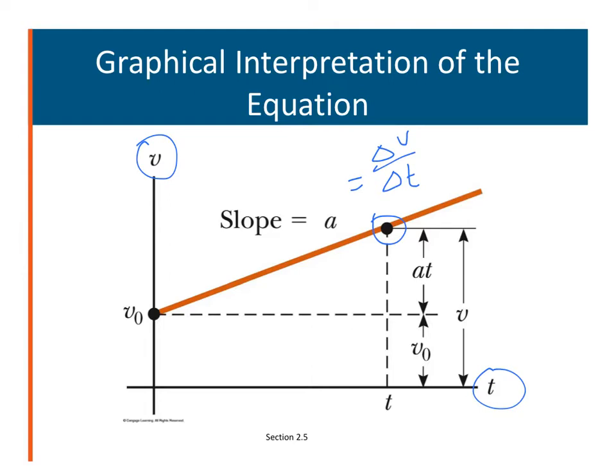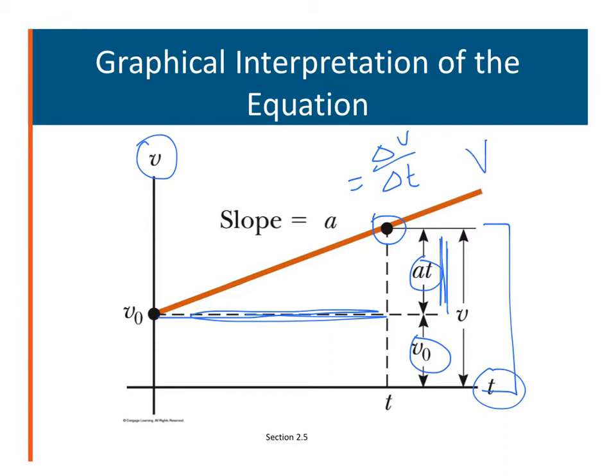Or the entire velocity is going to be this height. The difference is this height here. Well, what is that height? Well, that is the acceleration, that slope, times this time interval, which is this piece right here. And so this shows that you take the initial velocity plus a times t, and we get the final velocity.